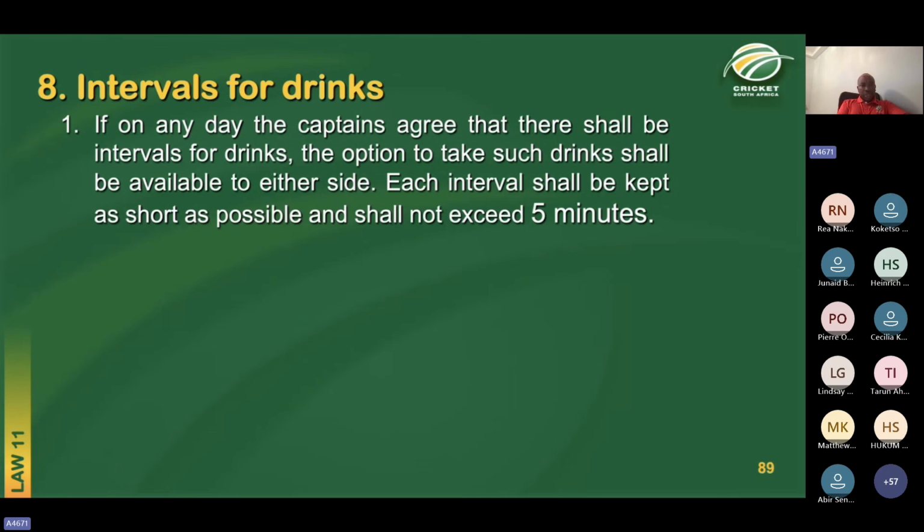In test matches, the drinks breaks are 4 minutes long. I have umpired a T10 match where after the 5th over, there's a 1.5 minute drinks break. All of those are inside the 5 minute limit for a drinks break as per law.